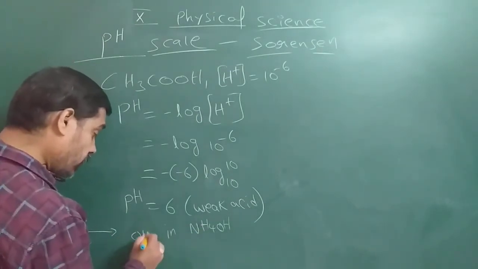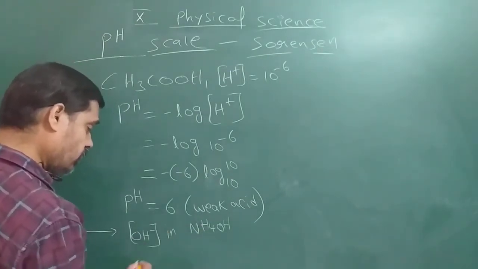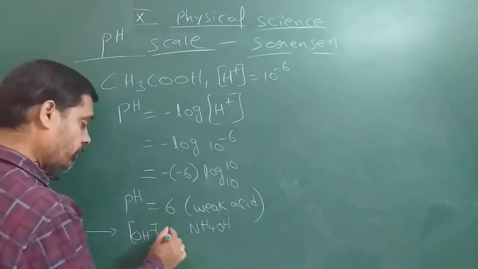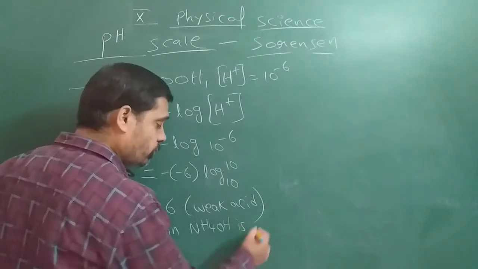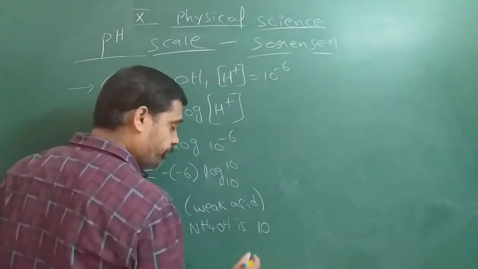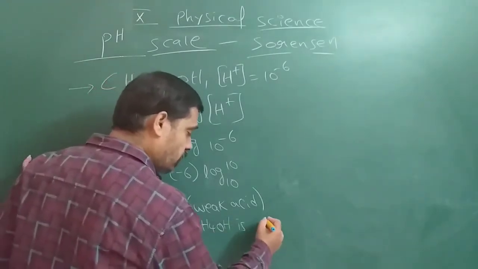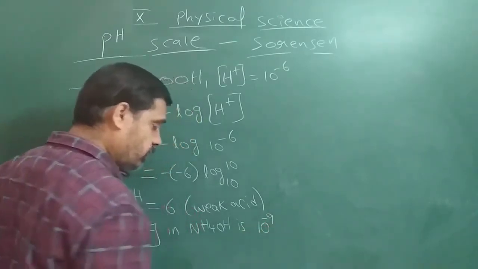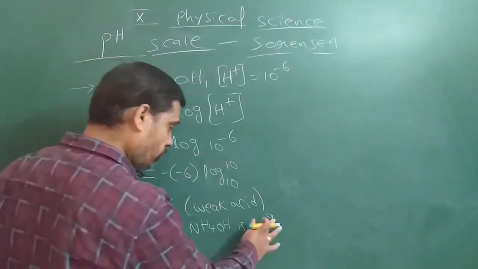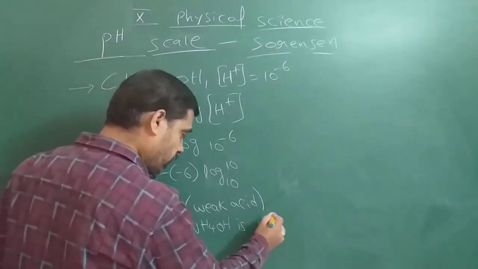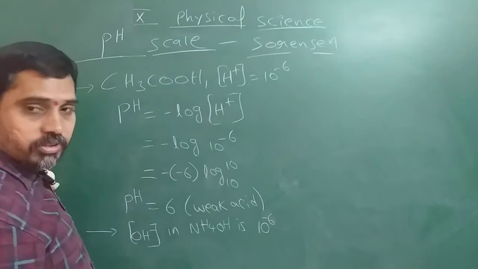So the OH minus ion concentration in ammonium hydroxide is, suppose, 10 power minus 6.